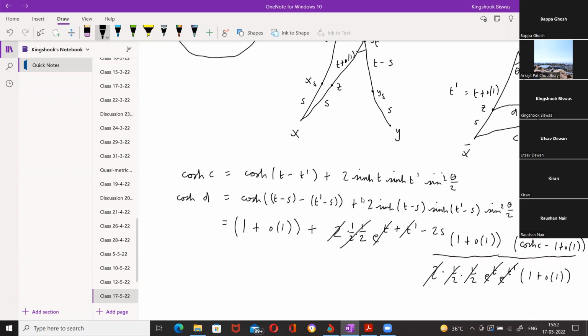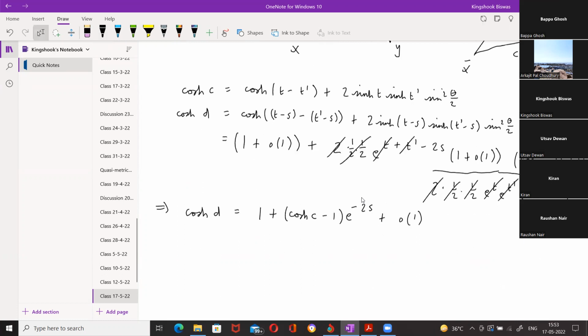So cosh d is 1 plus (cosh c minus 1) e to the minus 2s plus little o of 1.